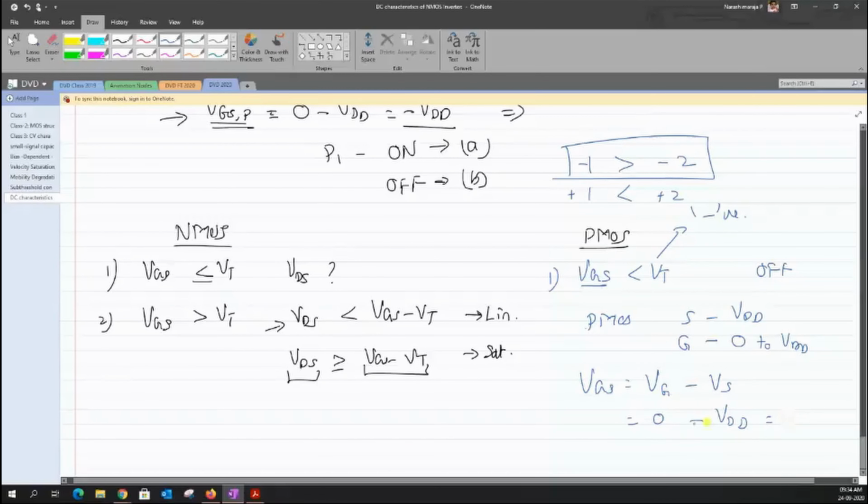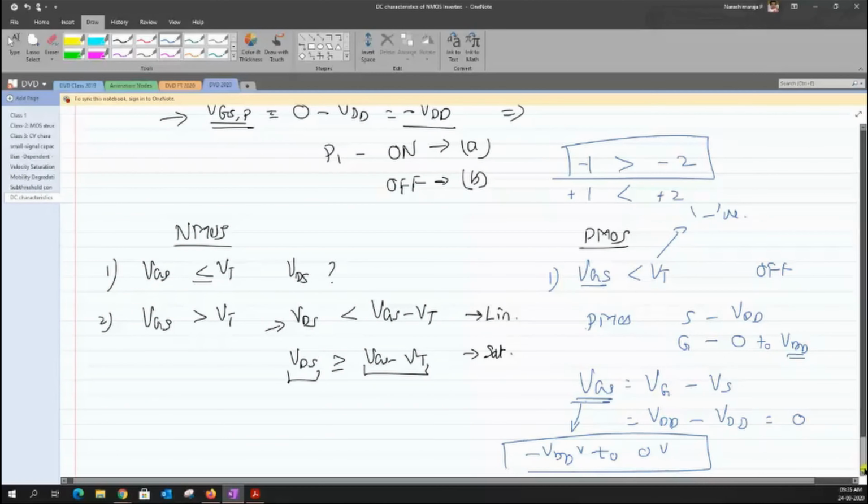If I fix the value of VG to the most positive supply, then I end up with 0. So the values that VGS of a PMOS device accepts fall from minus VDD all the way to 0. It cannot be a positive value. This is the range of voltage that the VGS of a PMOS device can accept. So in general, it's a negative value.